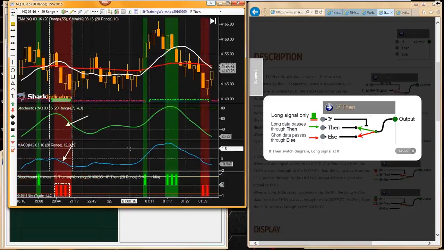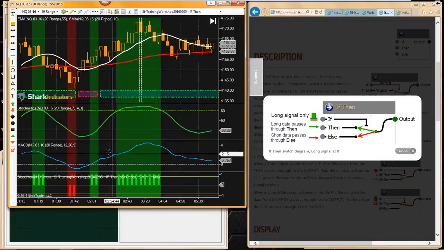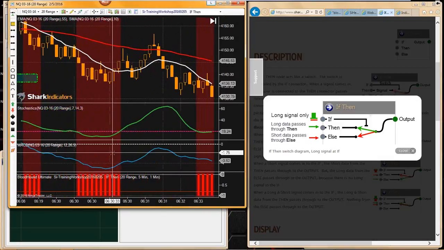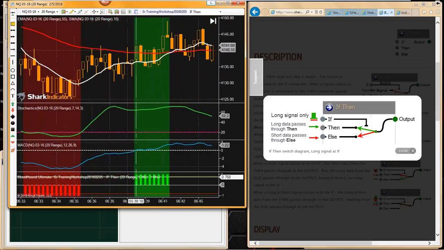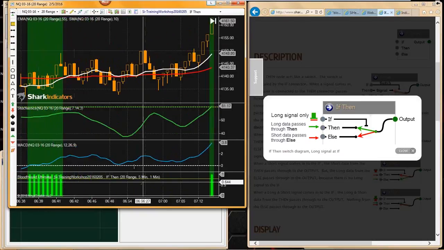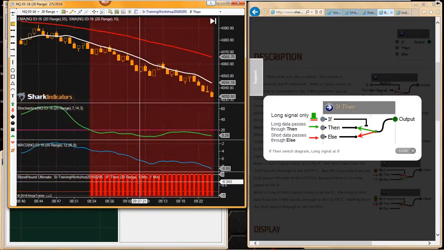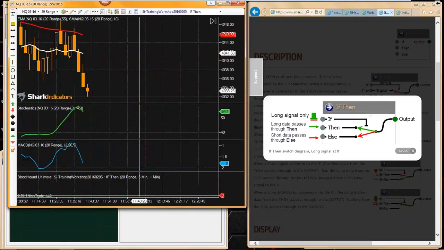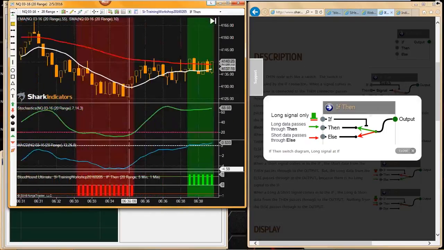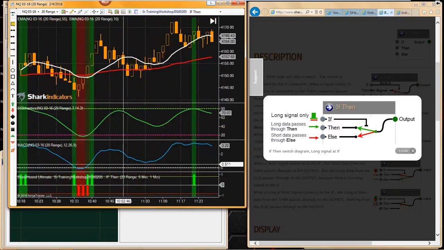So, let me find another example. I wonder if maybe I could find an area where both long and short are passing through the if-then node at the same time. Yeah, it looks like the MACD and the stochastics are too much in sync.